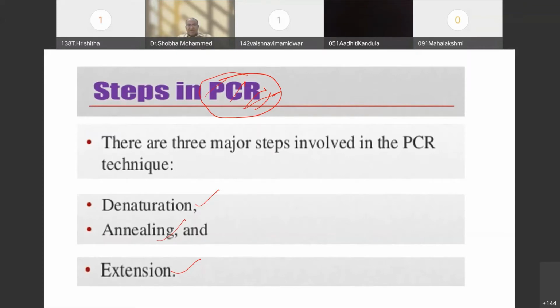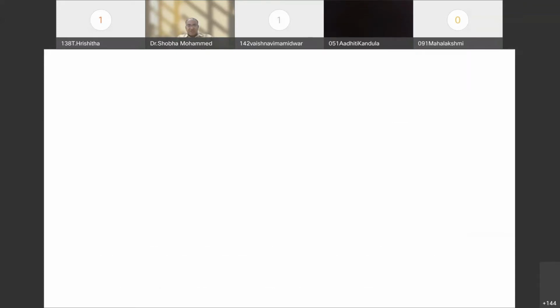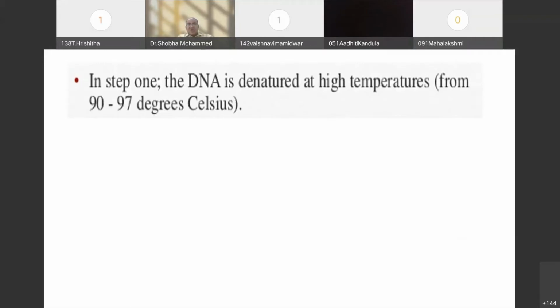Now, I have explained this to you using that picture. In step 1, the DNA is denatured at temperatures from 90 to 97 degrees. When I want the denaturation to occur, it should be done by using temperature.